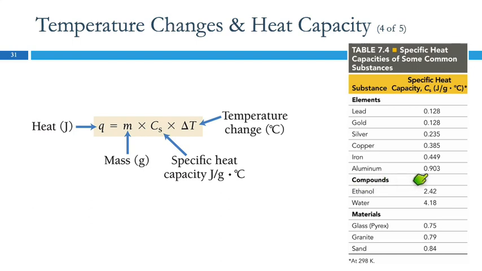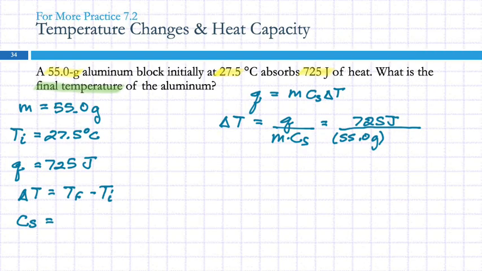So for aluminum it is 0.903 joules per gram degrees Celsius. So that guy's going to go down here. 0.903 joules per gram degrees Celsius.